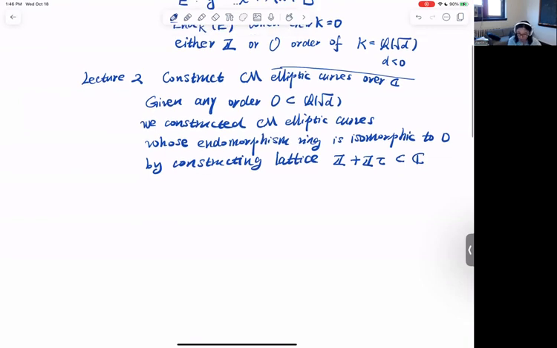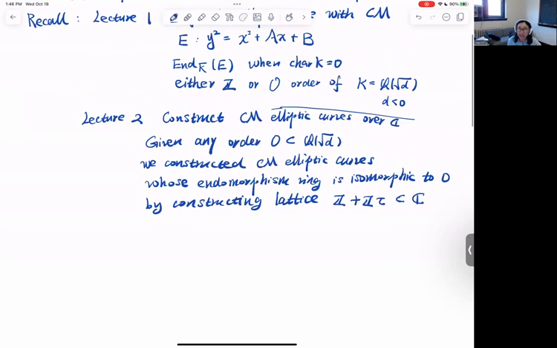We actually explicitly constructed CM curves, and moreover, from this construction over C, we could very explicitly see the complex multiplication, right? So in this case, for a curve defined over C, it equals the quotient of C modulo that lattice.